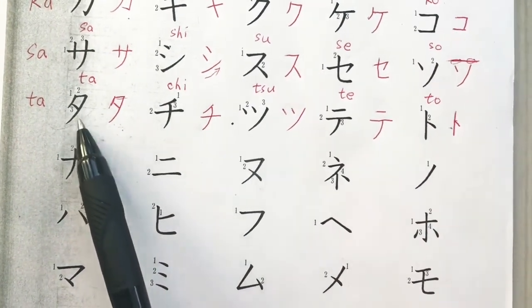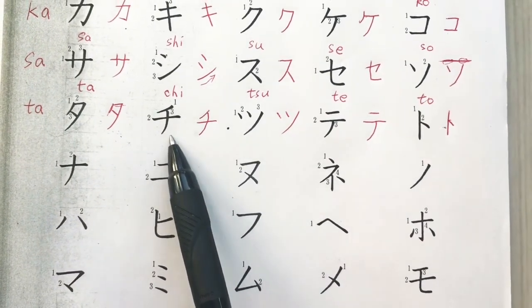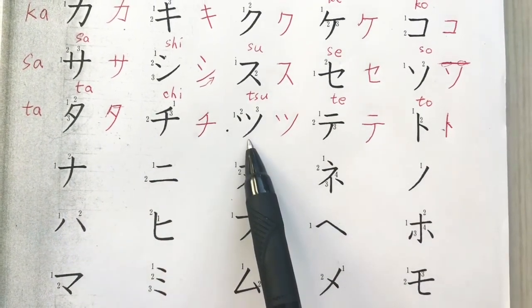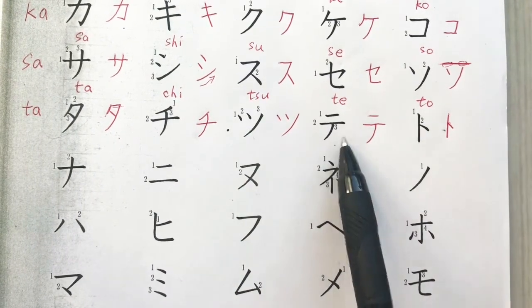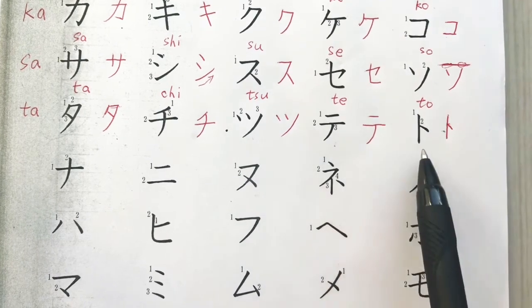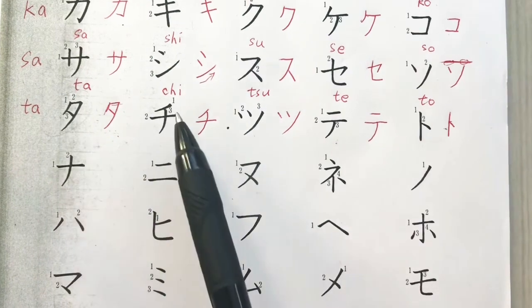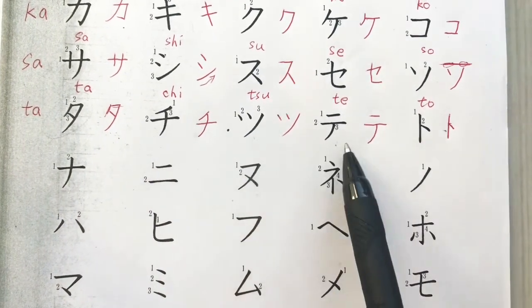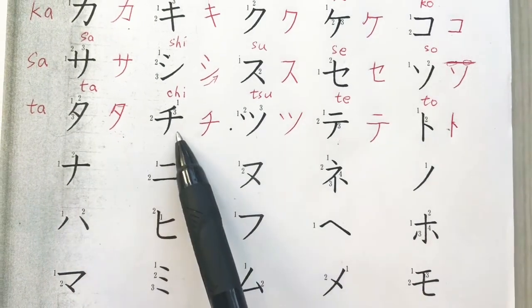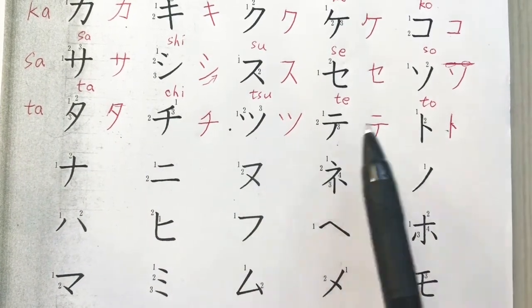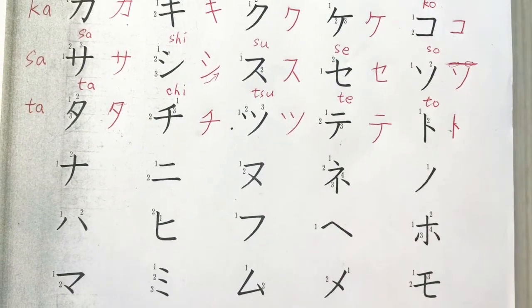Ta, chi, tsu, te, to. Ta, chi, tsu, te, to. Okay, this is the ta line.